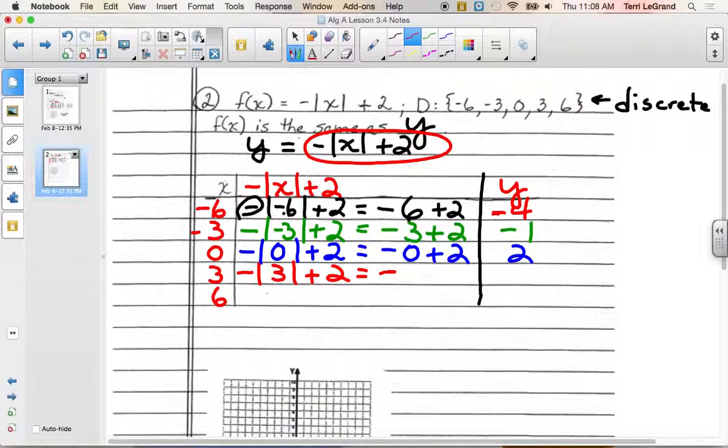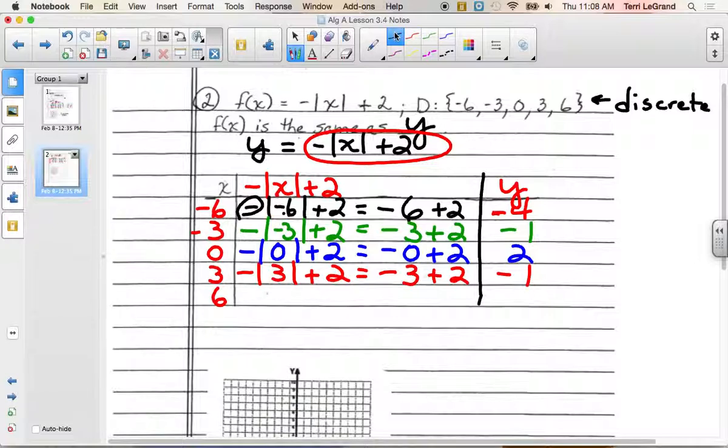Negative sign comes along. What's the absolute value of 3? -3? No. How far is 3 from 0? 3. Absolute value means how far am I from 0? 3 is 3 units away from 0. So -3 plus 2 is -1. According to the pattern, that might not be what we would have expected.